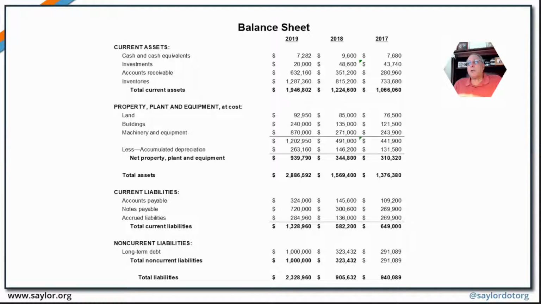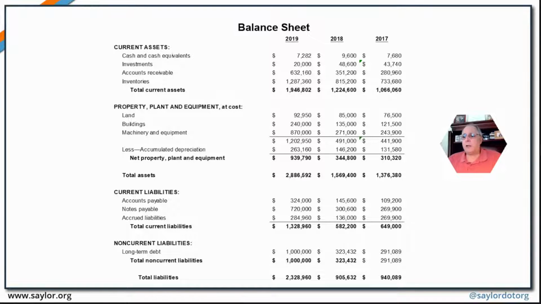The non-current assets, typically property, plant, and equipment, are obviously those things which would take longer than 12 months to liquidate. So main categories in this area are land, buildings, machinery, and equipment. These are capital appropriations. They come out of the capital budget.